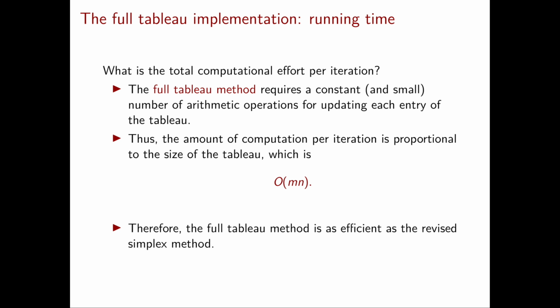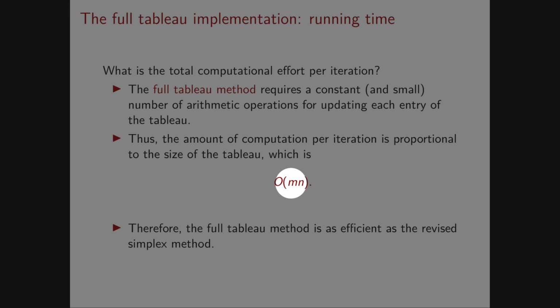And it's simple to see that updating each entry of the tableau only requires a constant number of arithmetic operations. Therefore, the amount of computations per iteration is proportional to the number of entries in the tableau. We have n plus 1 columns and m plus 1 rows. So in total, the number of operations is big O of mn.